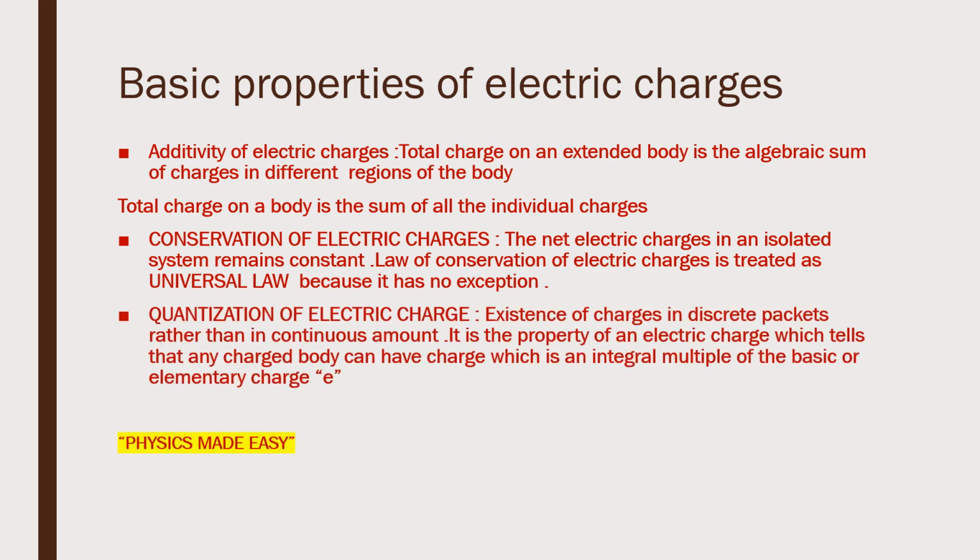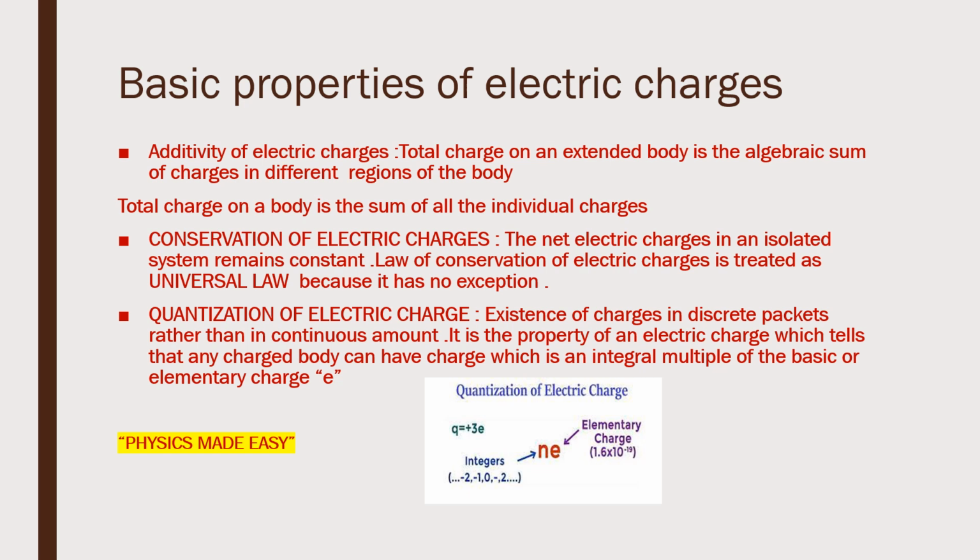The next property is the quantization of electric charges, the existence of charges in discrete packets rather than in continuous amounts. Quantization is a property of electric charge which tells that any charged body can have a charge which is an integral multiple of the basic or elementary charge.